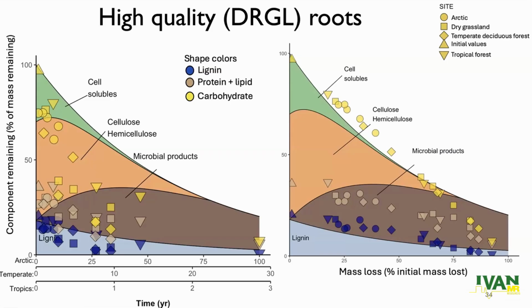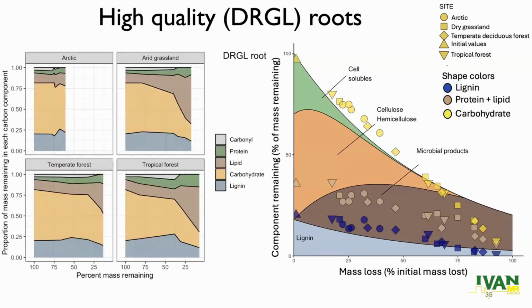If people have ideas about how to do this in the best way, I'd love to hear that. So I think that it's useful to look at this figure, but it's also really useful to think about these components as a proportion of the mass remaining, right?